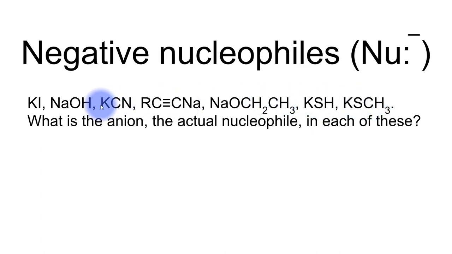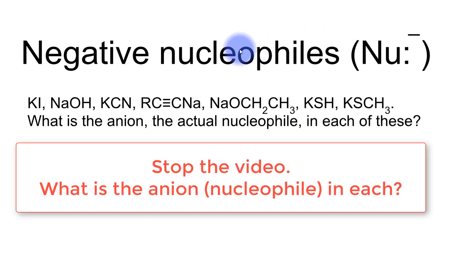So these are ionic compounds. Notice each of these has a potassium or a sodium. Looking at each of these formulas in turn, I would ask you to consider what is the anion and what is the cation. Once you figure out what the anion is, that's the actual nucleophile. So it's a positive thing and a negative thing, and it's the actual negative thing that's the nucleophile, as suggested by the fact that we're talking about negative nucleophiles. So take a minute and just write down what's the negative thing from each of these different ionic compounds.